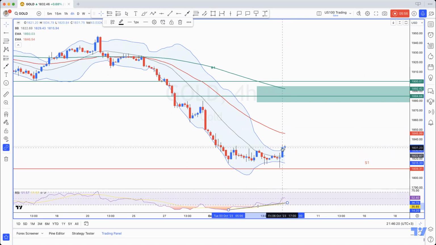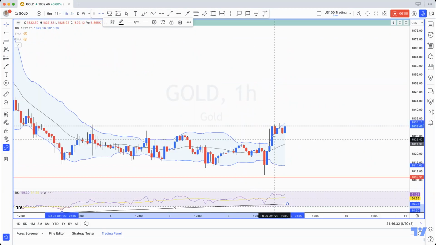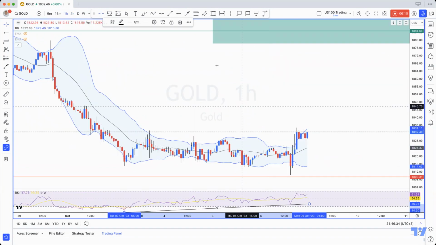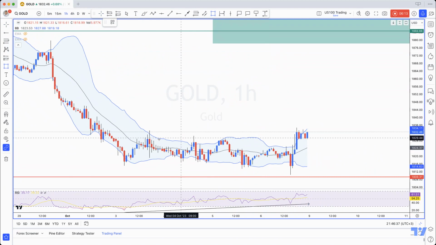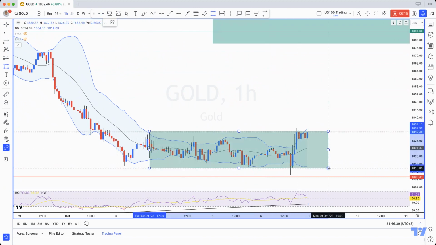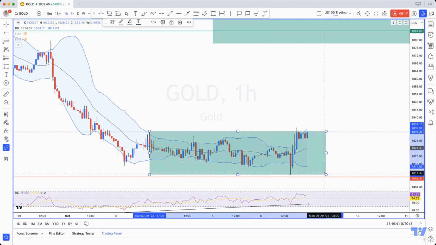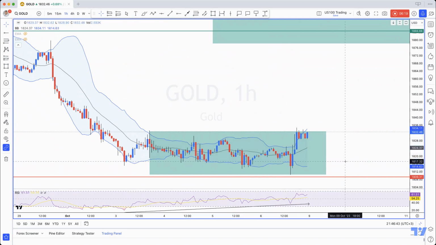Price closed above this, right at, we can say, this resistance. So from next week we can look for some more confirmation on the lower time frames, like the 1-hour chart. If we establish this as the range, the top of the range and the bottom of the range, what can we do?